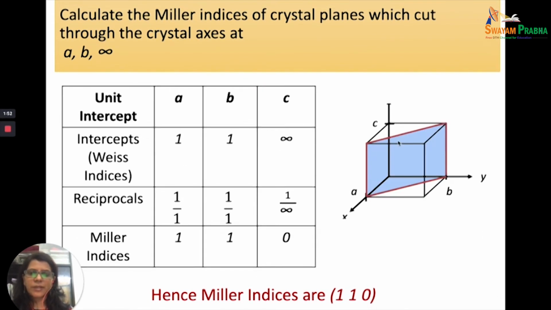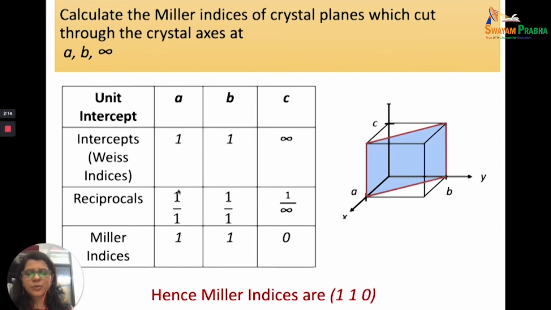Similarly, look at this plane. It makes an intercept of a on the x-axis, b on the y-axis, and it is parallel to the z-axis. So what will be the intercepts? 1, 1 and infinity.